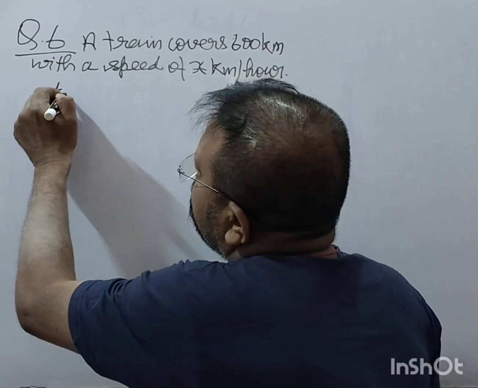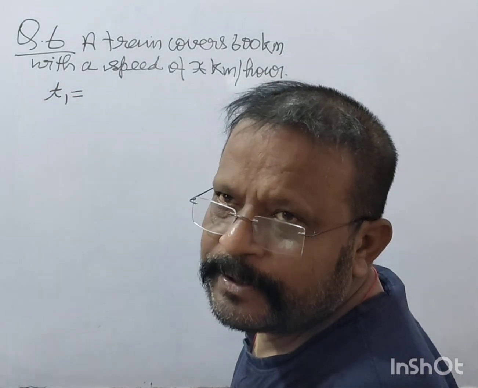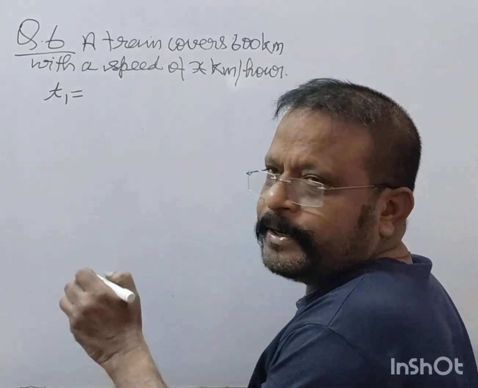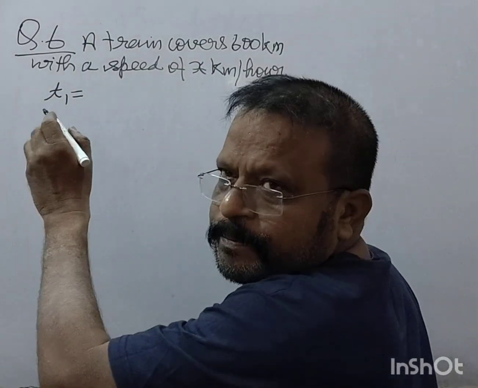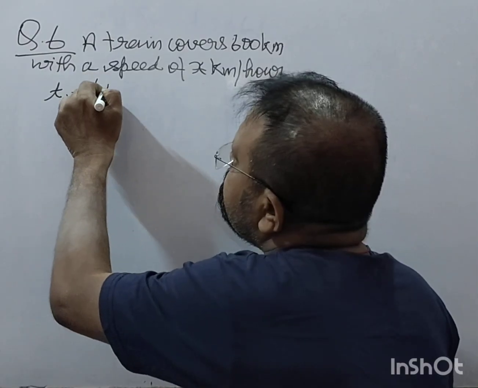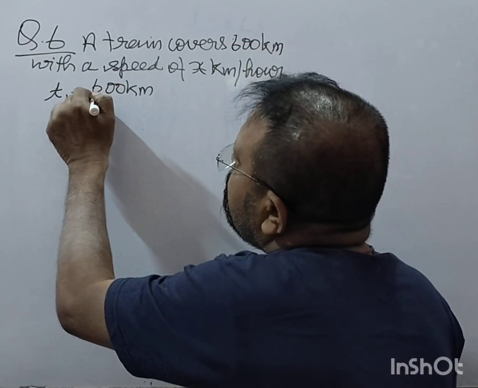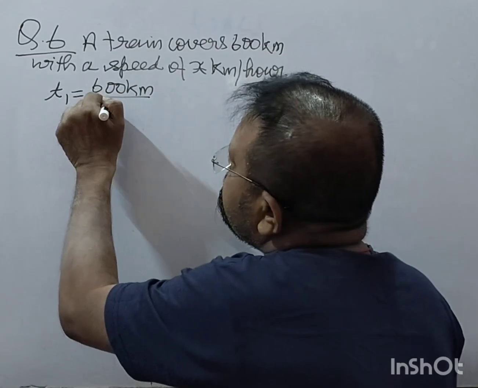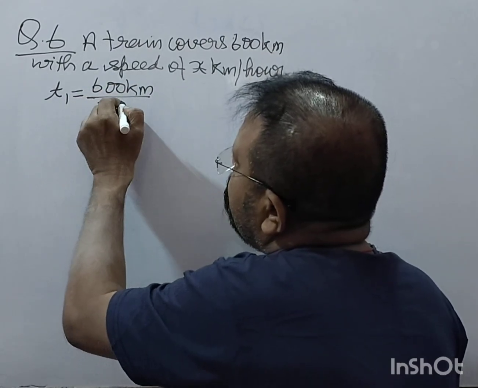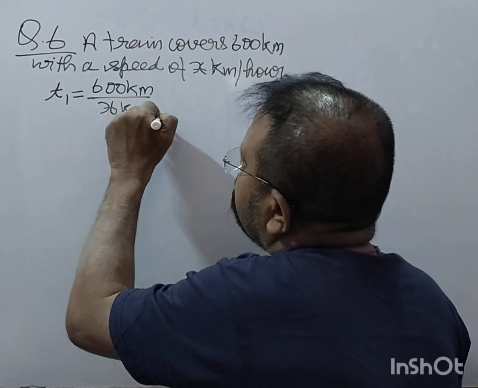T1 is equal to distance upon speed, right? Time is equal to distance upon speed. So this is 600 kilometer upon x kilometer per hour.